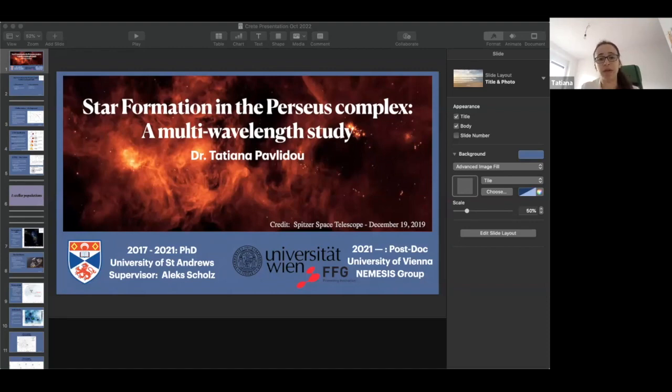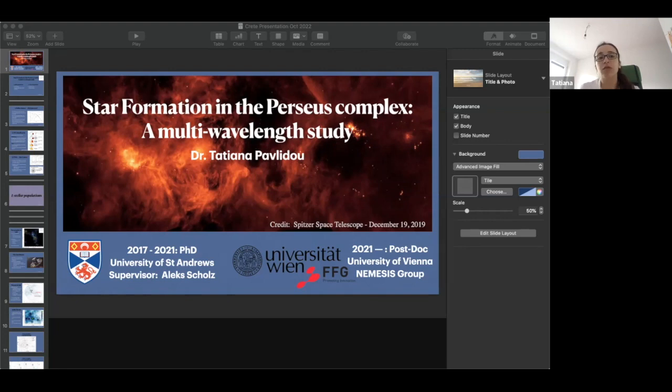The group is really aiming at building machine learning techniques to identify and classify young stellar objects, but I'm not so involved with the machine learning aspects.